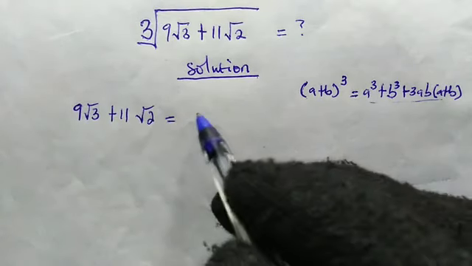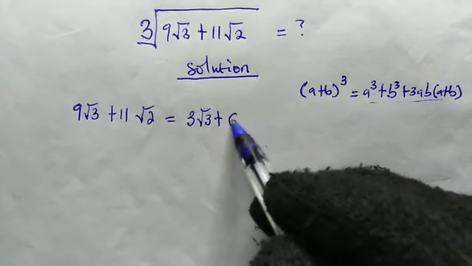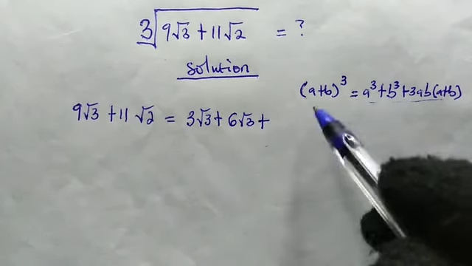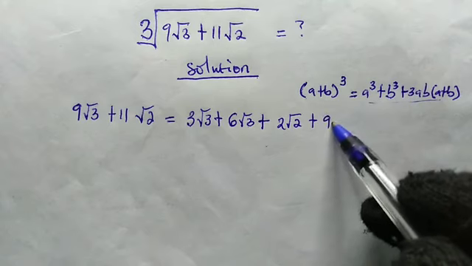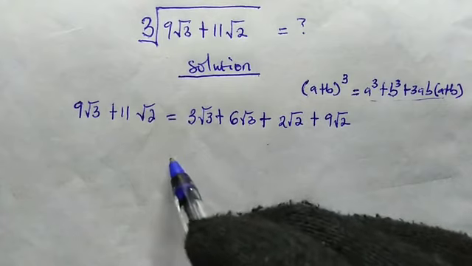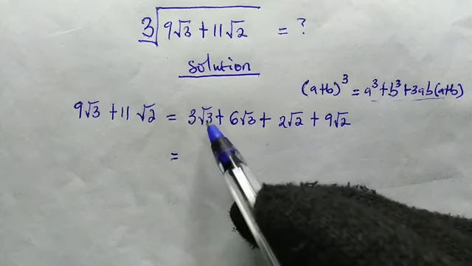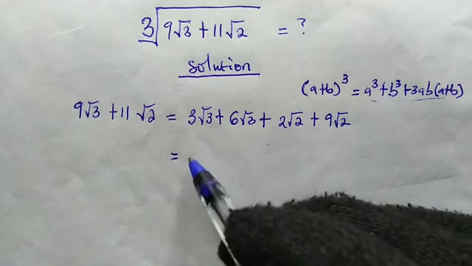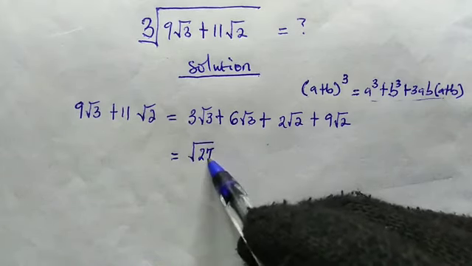We are going to write 9 root 3 as 3 root 3 plus 6 root 3. And here, plus 11 root 2, we can rewrite it as 2 root 2 plus 9 root 2. Okay, so from here, this is equal to, we all know that 3 root 3 is the same as the square root of 27, right?